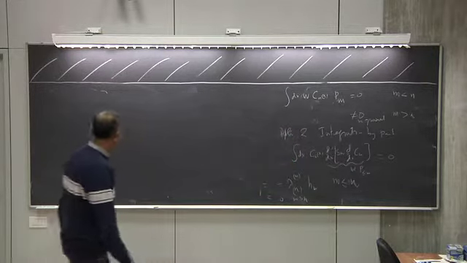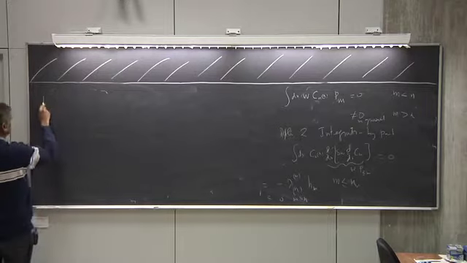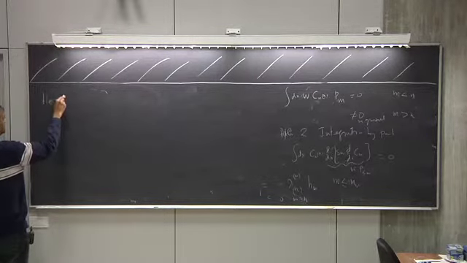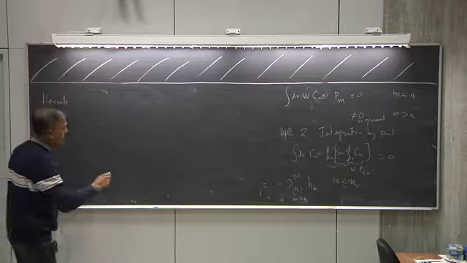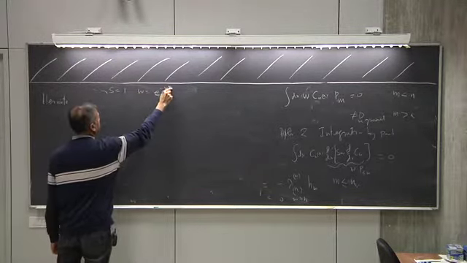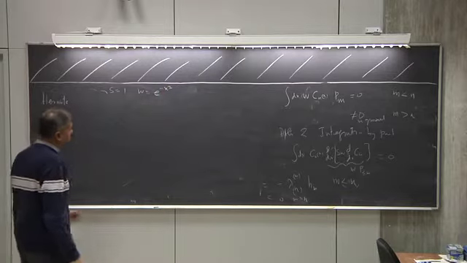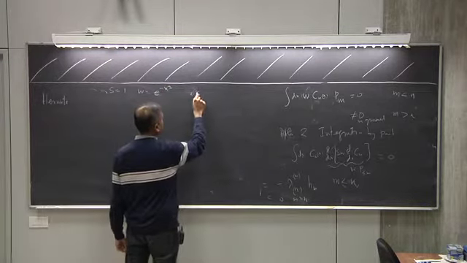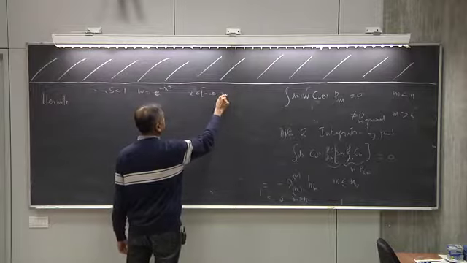Okay, so let's look at the Hermite polynomials because that's the easiest one actually. Remember, for the Hermite polynomial, s was equal to 1, w was equal to e to the minus x square, and x was in the interval minus infinity to plus infinity.